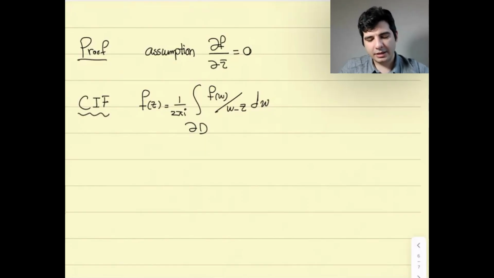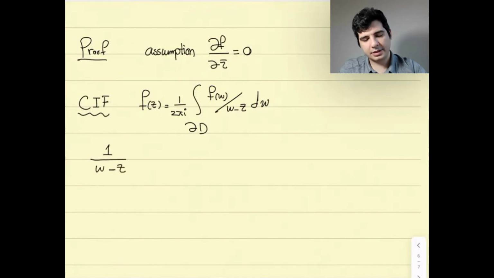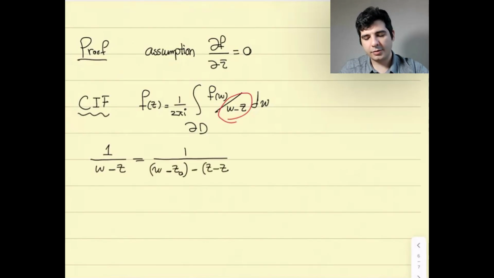So look at the denominator. It's 1 over w minus z, just this part. Ignore the rest for a second. I can rewrite this part as w minus z naught minus z minus z naught, right? If I do this, plus z naught and minus z naught cancel each other, so these two things are equal.